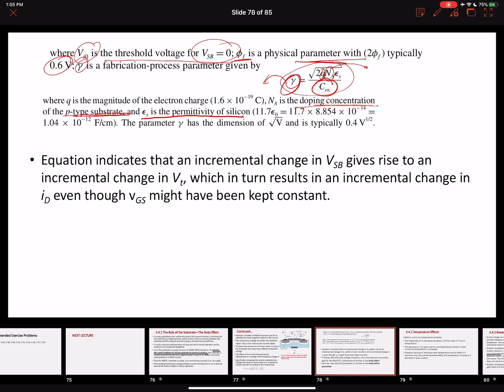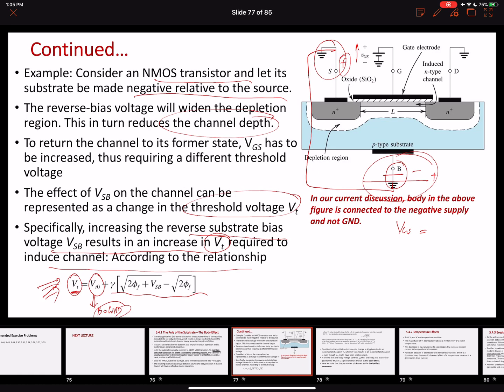Right, so we see that from the previous equation. Any change in the biasing of the substrate will result in changing the threshold value, right? So if we increase the VSB, the threshold value will increase.